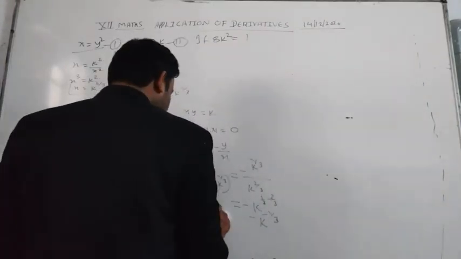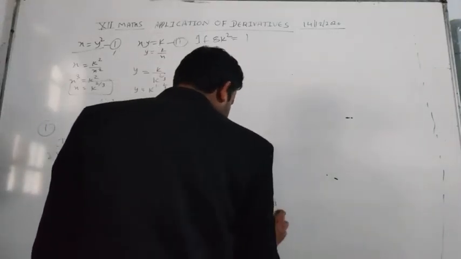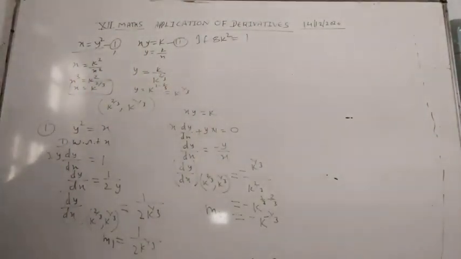So this is m2. Okay. So m2 is minus k to the power minus 1 by 3 and m1 is this.